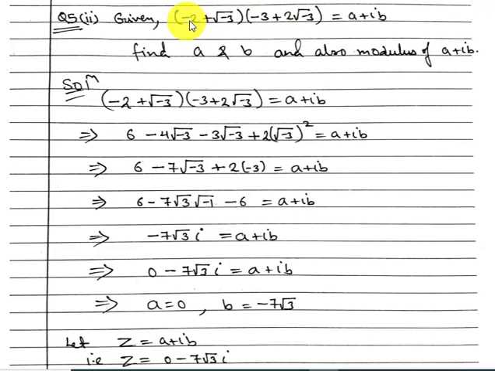Okay, so what we'll do is we will simplify this left hand side, but we will not do anything to the right hand side. Okay, whatever working has to be done will be done on the left hand side. Clear? And your motive is to simplify this in the form of a plus ib.